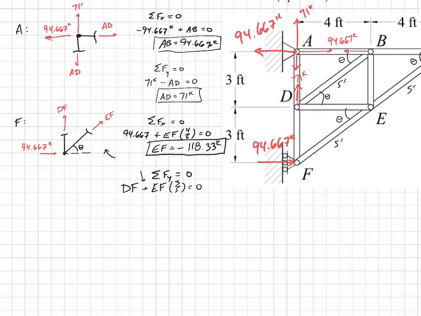When I plug in for it, the sign will switch. So DF plus negative 118.33 kips times 3/5 equals 0. So DF equals, multiply that by 3, divide by 5, 71 kips. It has a positive sign on it, so DF is 71 kips in tension.